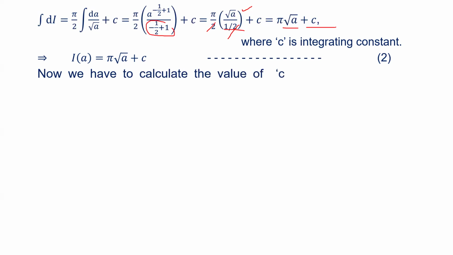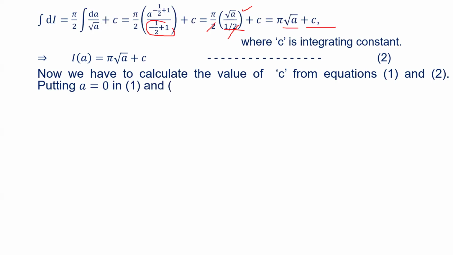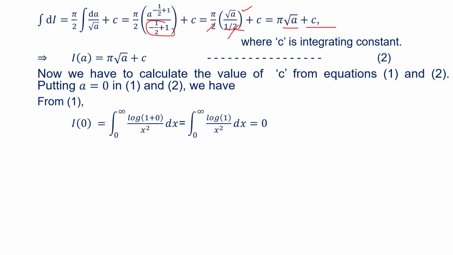Now we have to calculate the value of c from equations 1 and 2. Putting a equal to 0 in equation number 2 and also in equation number 1, we have from 1, I of 0 is equal to integration under the limit 0 to infinity of log of 1 plus 0 upon x square dx.